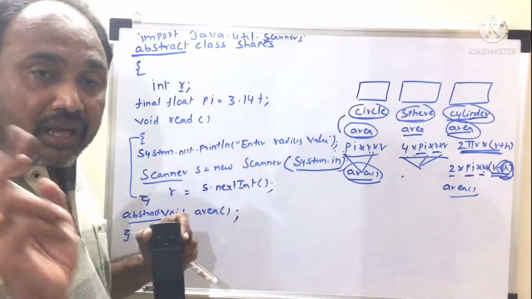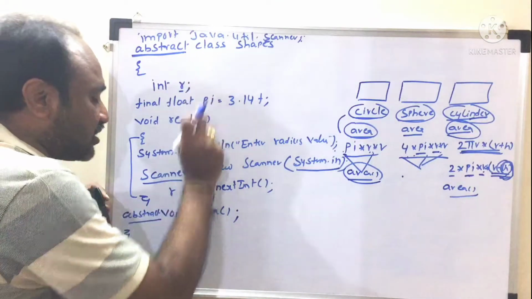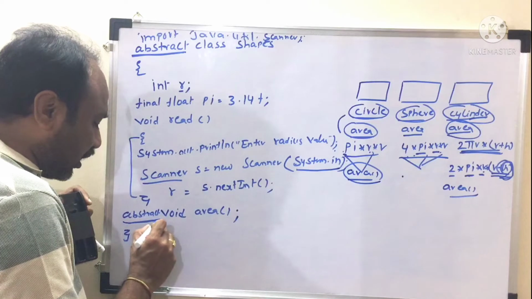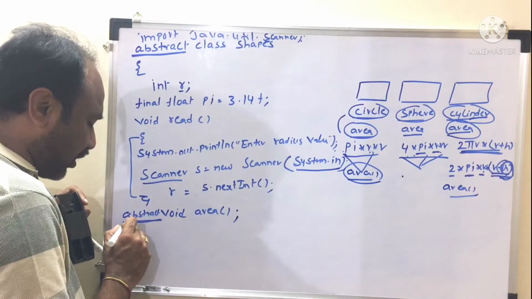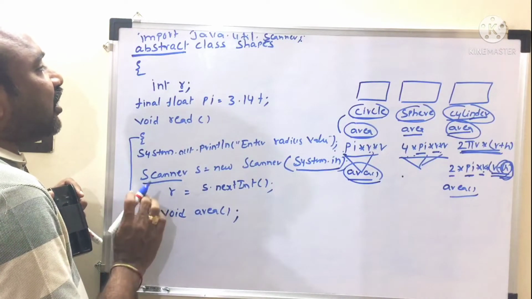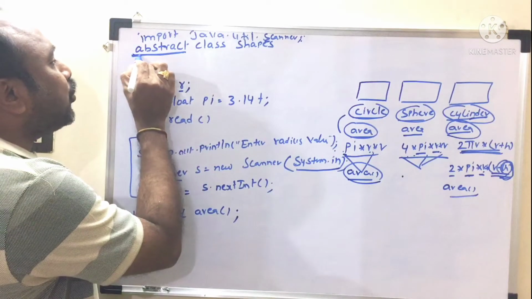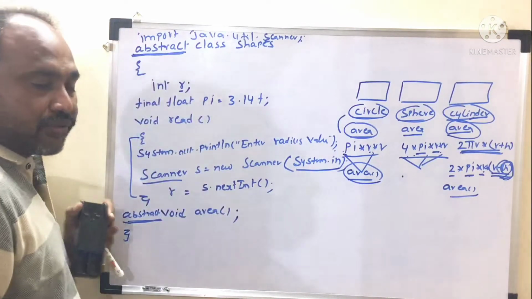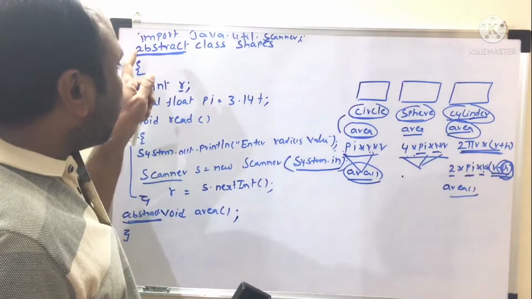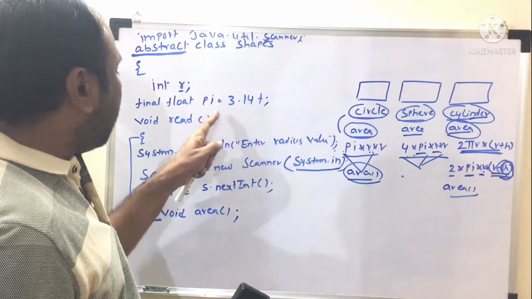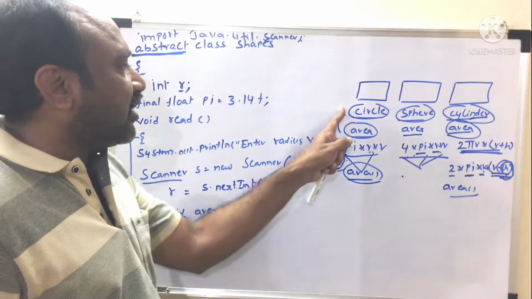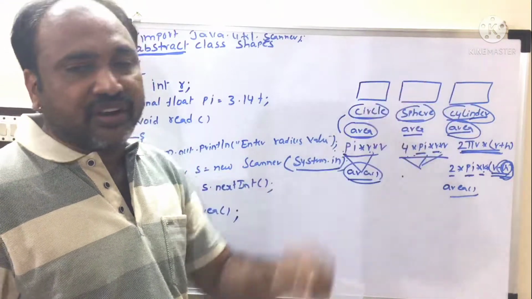But coming to a class, if a class contains at least one abstract method, we have to declare that method as an abstract method, and we have to declare the class also as an abstract class. Now, okay, this R value, pi value, read method and area method have to be used by the circle class, sphere class as well as the cylinder class.